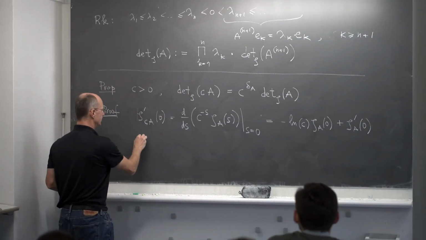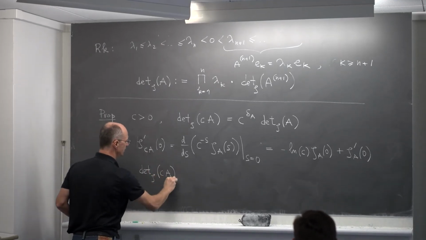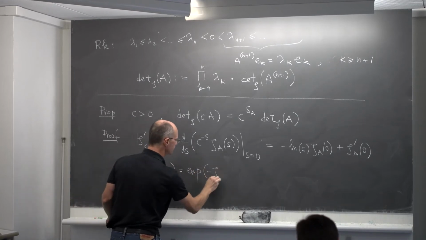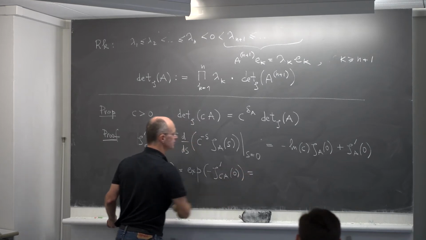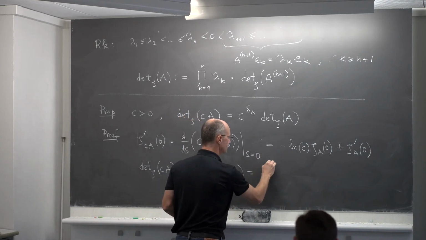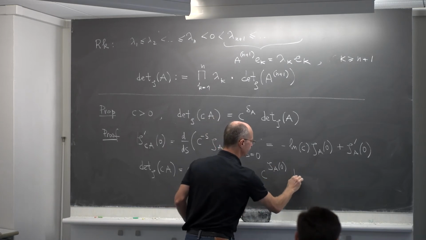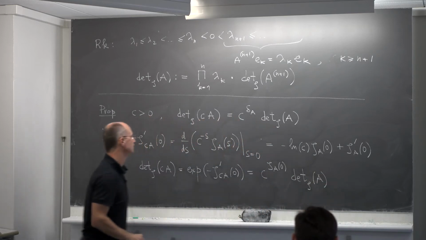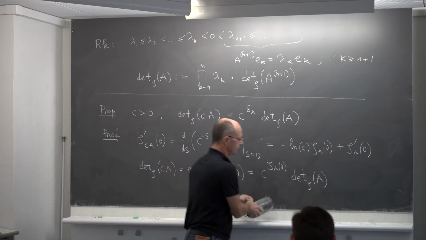And this means that the zeta determinant of cA, this is exp of minus zeta prime of cA at 0. And then the first term gives me c to the power zeta A of 0. And the second term gives me the determinant, right? Okay.